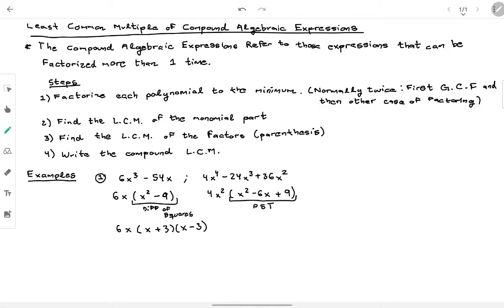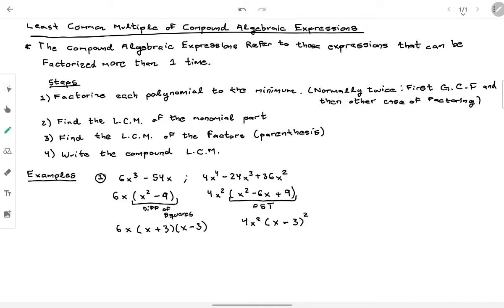Remember, a difference of squares is decomposed in the root of the one that is positive, positive in both parentheses, the root of the negative, positive on the first one, negative on the second one. The other one is a perfect square trinomial. Remember, it's going to be the square root of the first one, the sign of the second one, the square root of the third one, all of it squared.